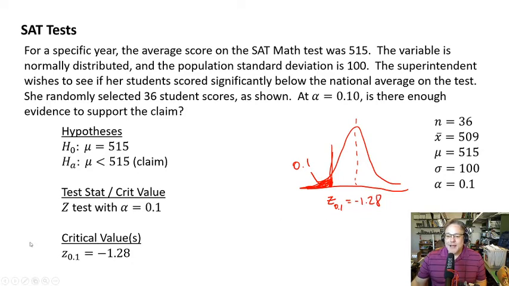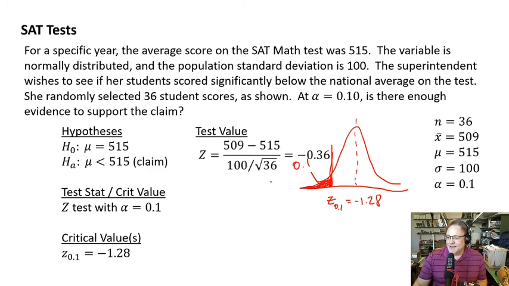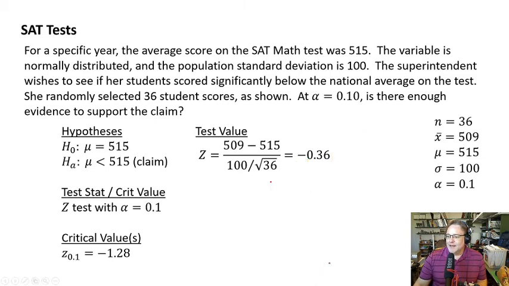All right, so that's our critical value, so we know what the test is going to be like here. Let me quickly erase this. Okay, so here's our test value. Our z-value is going to be 509, that's our sample mean, subtracting off 515.